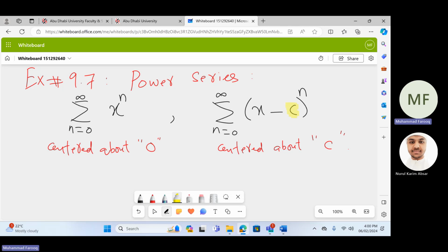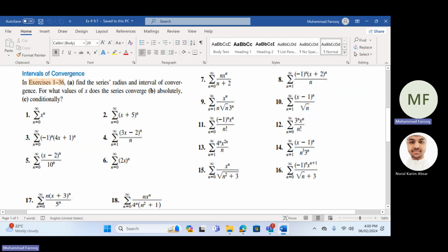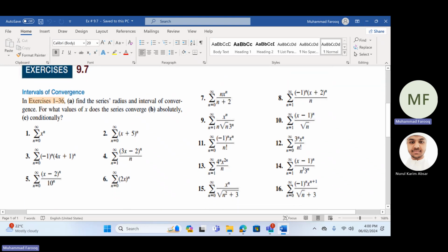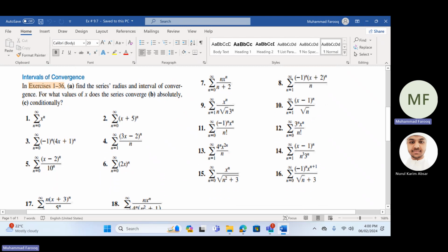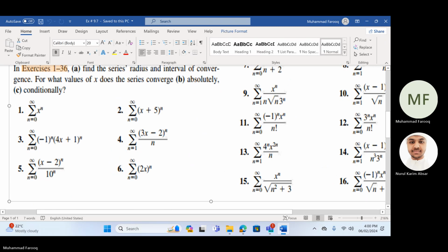Now I will show you the 9.7 exercise, and I ask you what the power series is centered about. This is the 9.7 exercise, and there are some series available here. First of all, question number 2: is it a power series? How do you know?